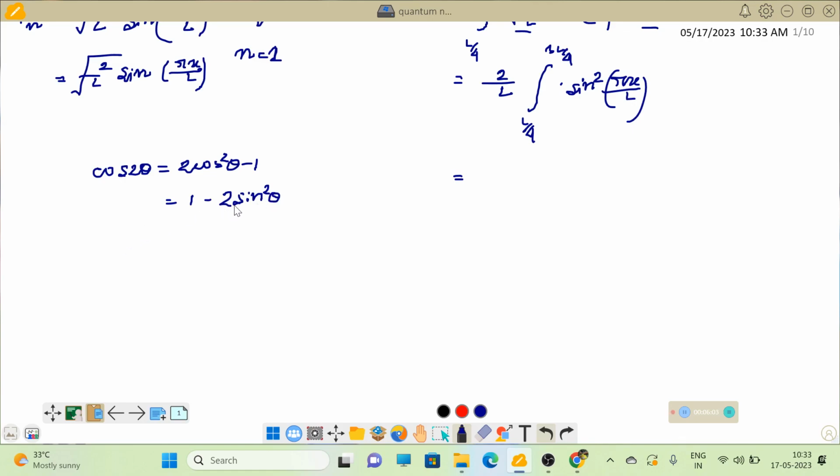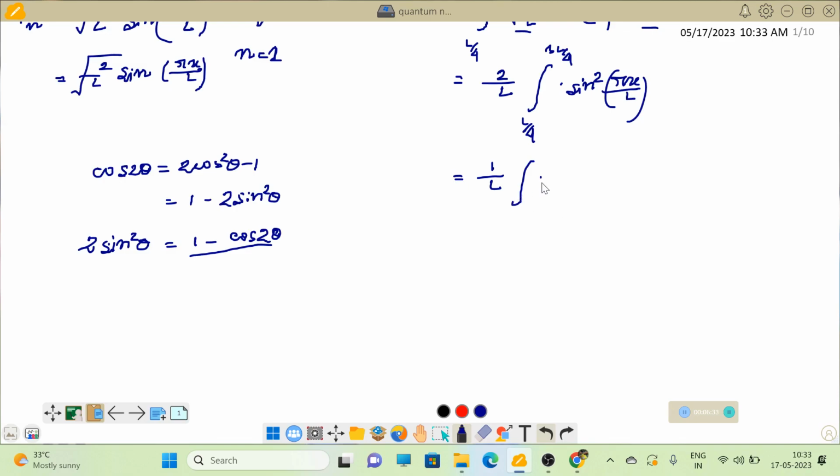So 2 sine square theta means 1 minus cos 2 theta. A little bit of mathematics is required, not much. So 1 by L, first we can write this 1 minus cos 2 theta.